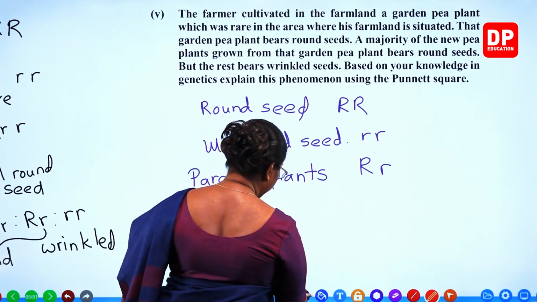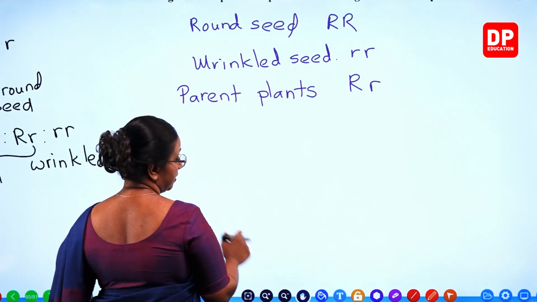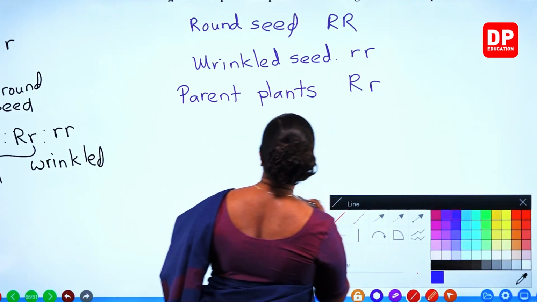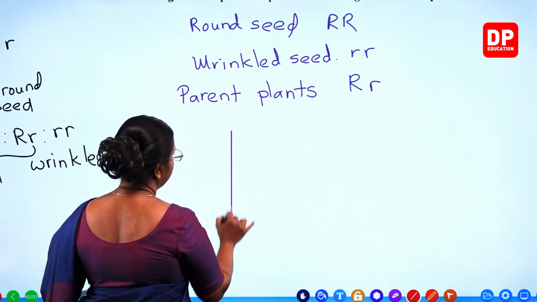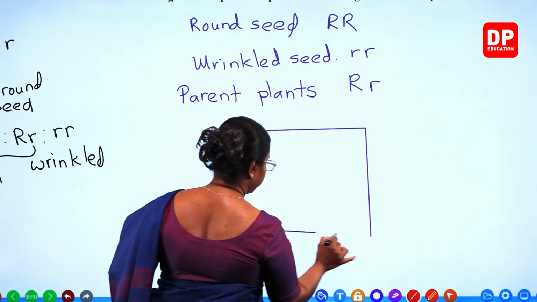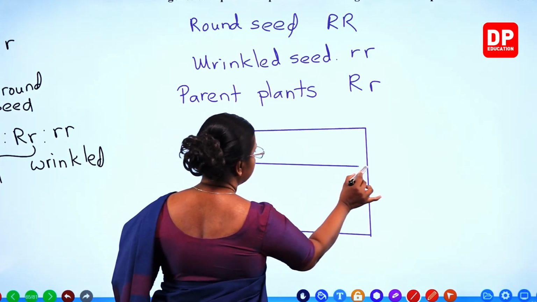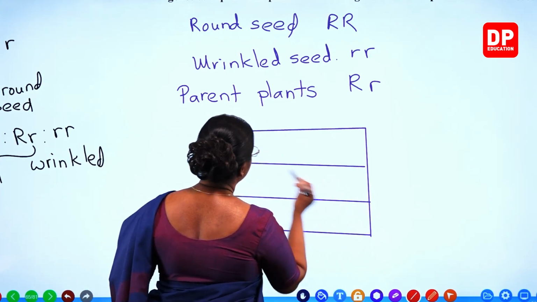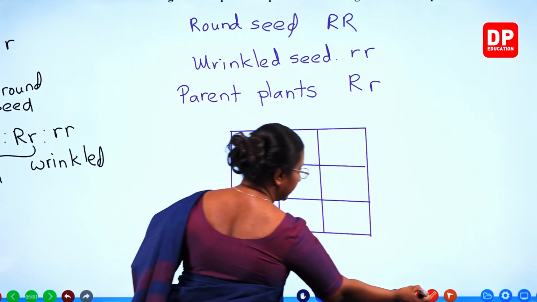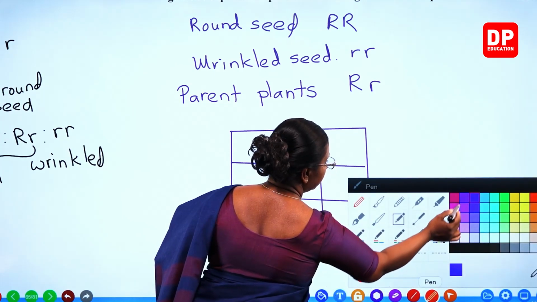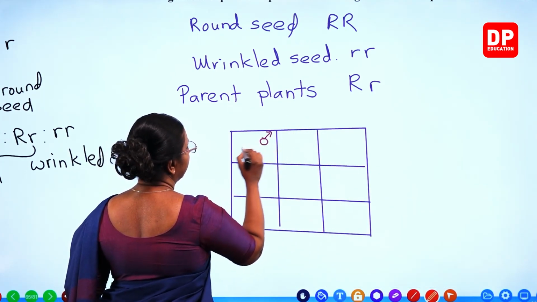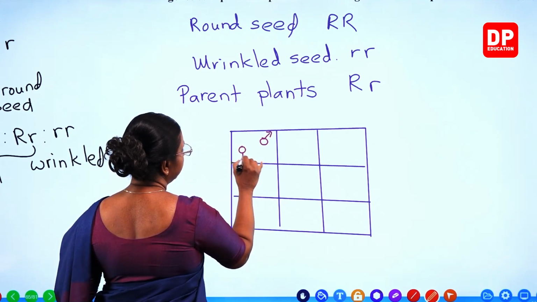So, you all know how to draw the Punnett square. What do we do here? You have to have a square. We divide it into smaller squares, and here you will have the male and female.